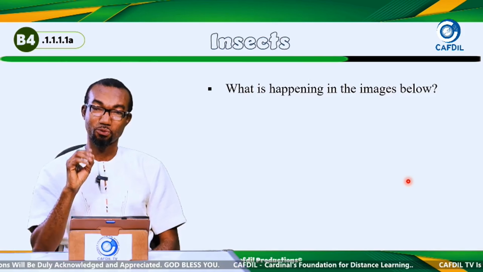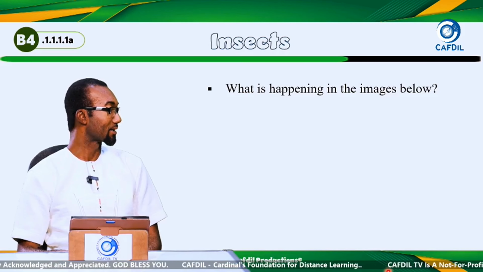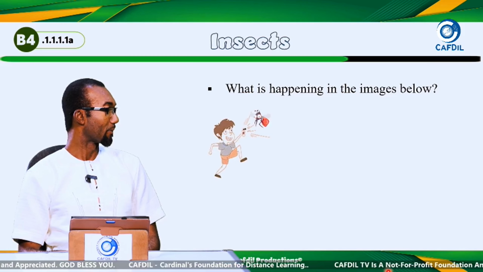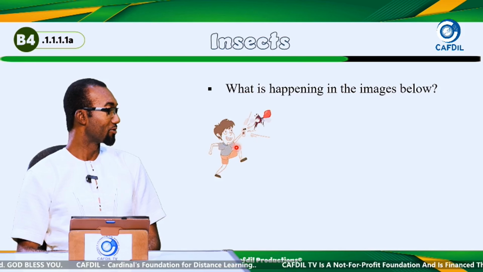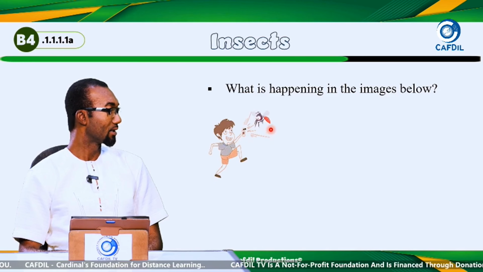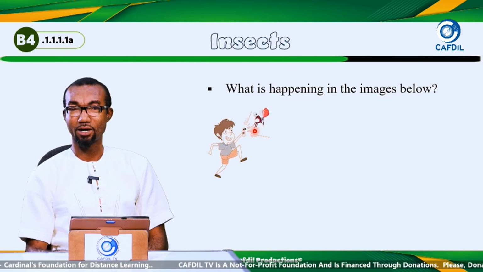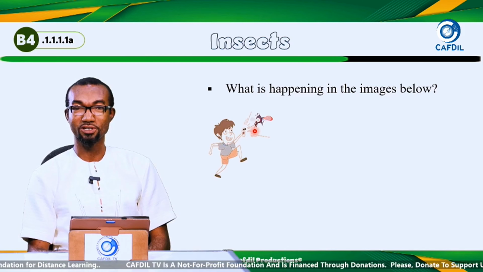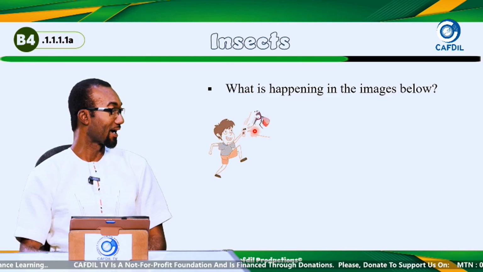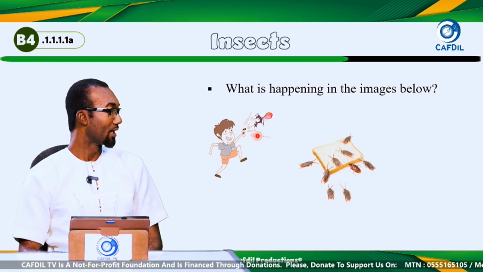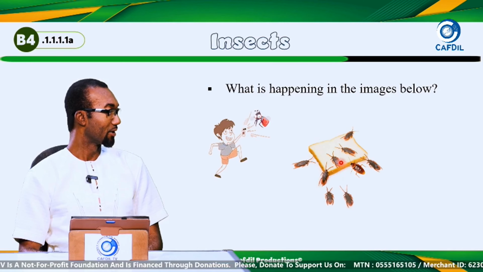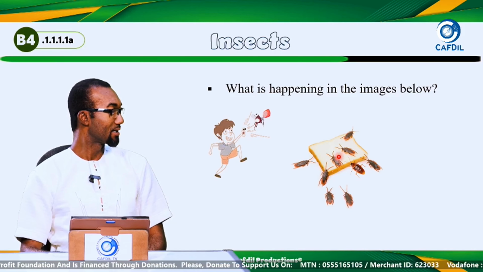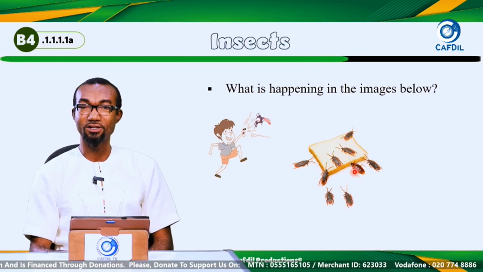Before we go to what insects are, let's look at the images here. What is this boy doing? Spraying a mosquito here. I hope you have done that before. Mosquitoes worry us a lot during the night and we all do away with them. Let's look at the second image. We see these cockroaches here feasting on the bread.